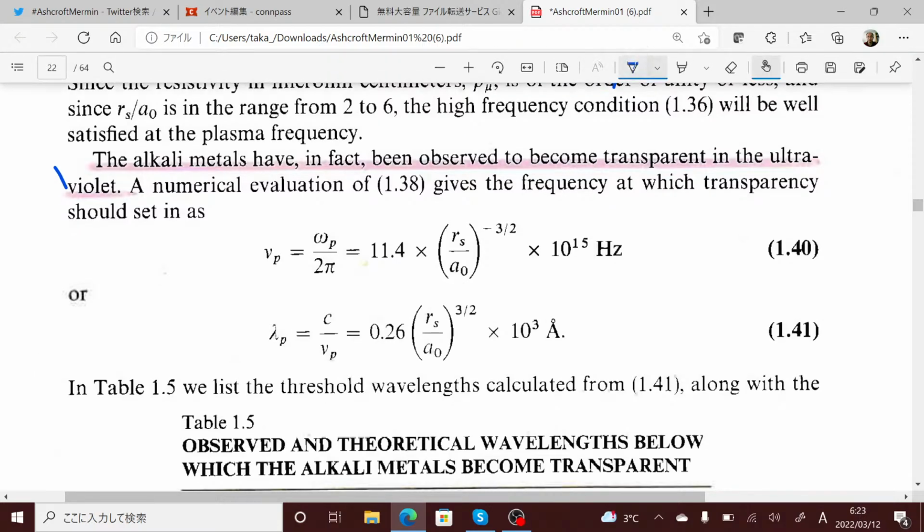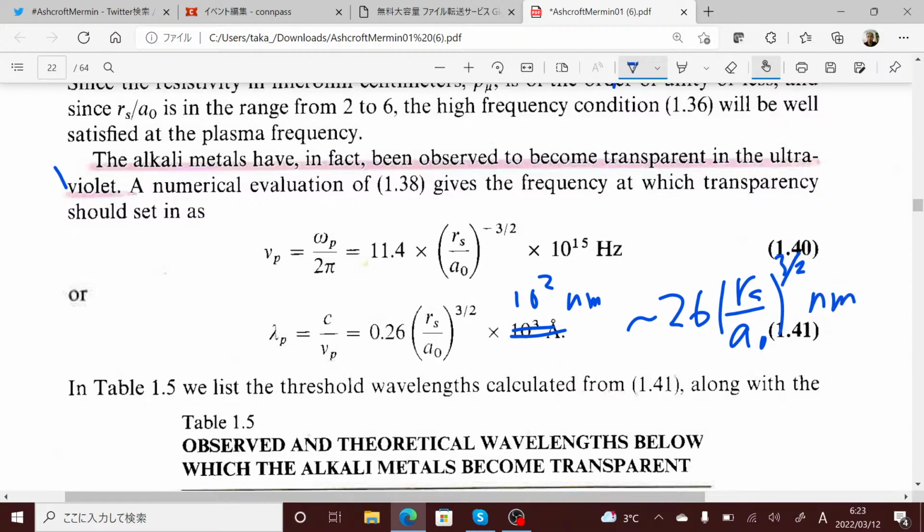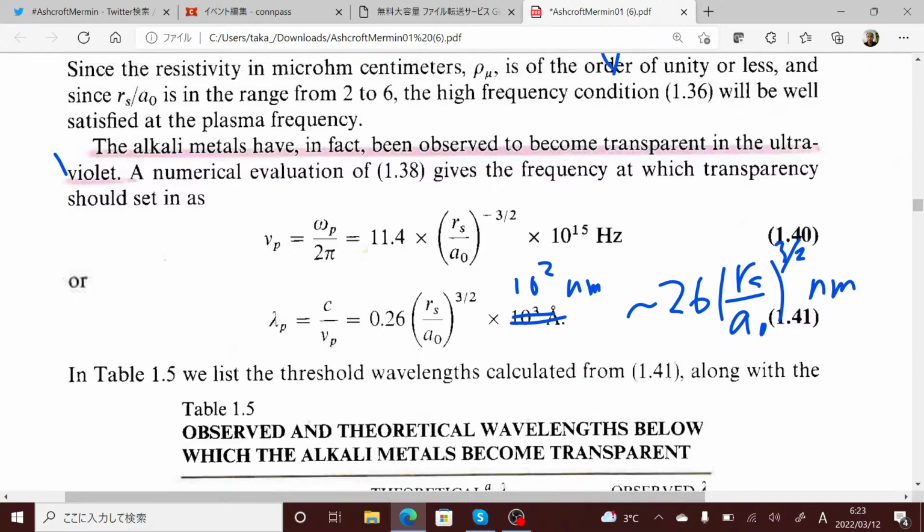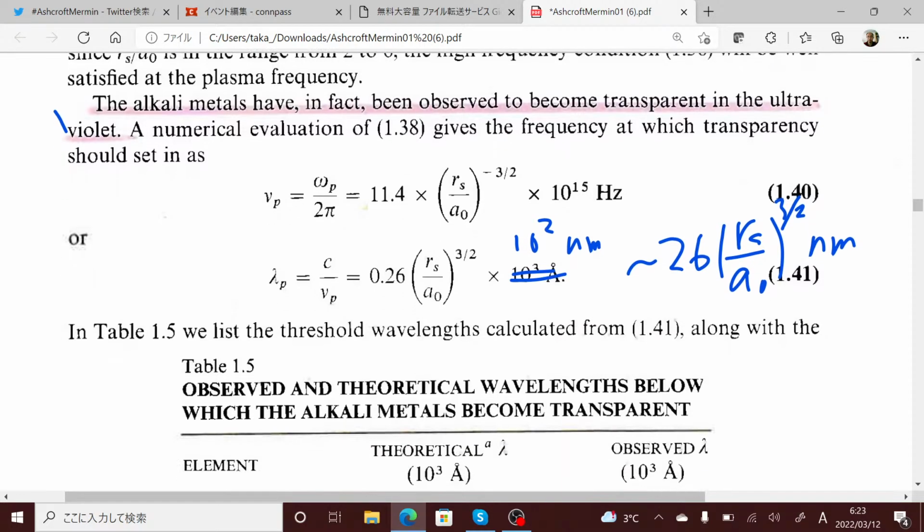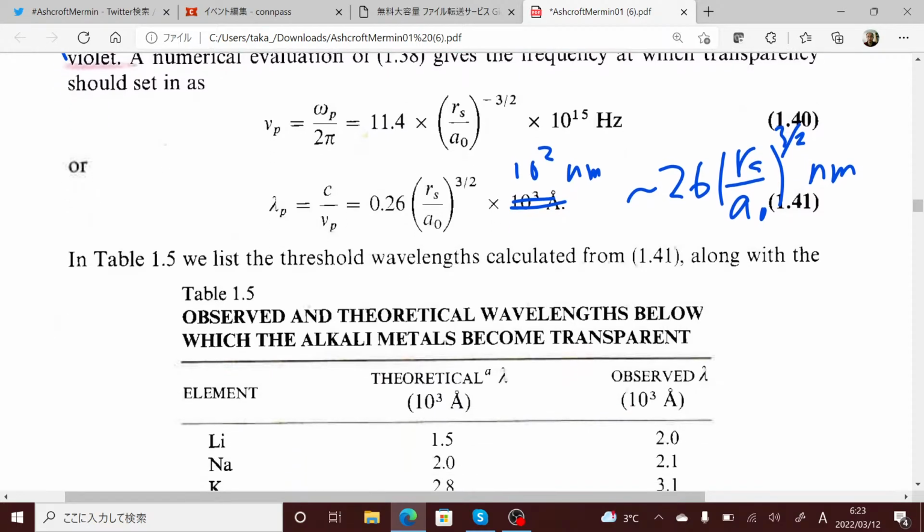This is like 10 to the 2 nanometer. Maybe 20, 30, 40 nanometer.